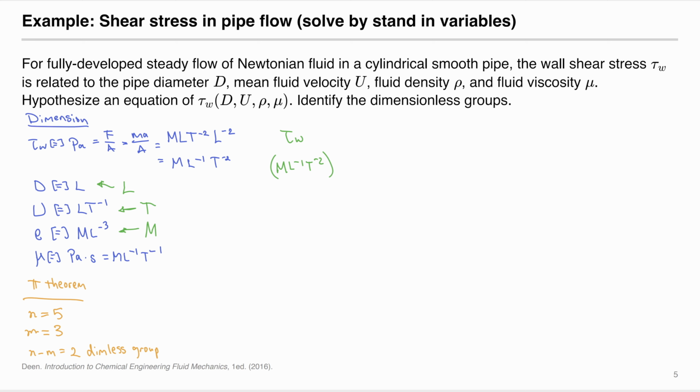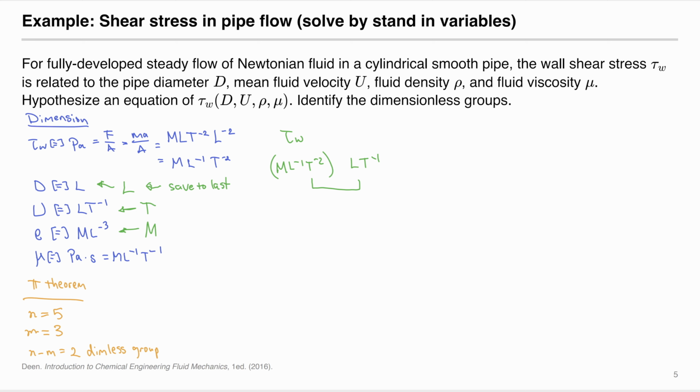Note that we want to save the base dimension L to the last, because the other base dimensions, L and M, all contain L. So if we do L first, we still have to deal with it later. So let's do T first. To make T disappear, first I write down the standing variable's dimension, which is L T^-1.